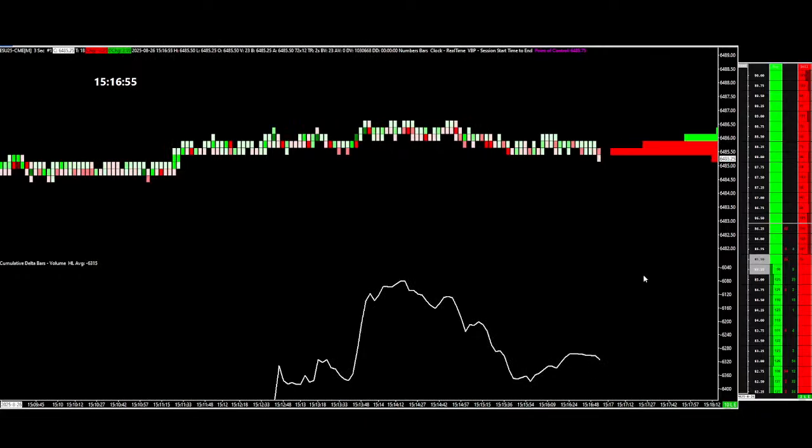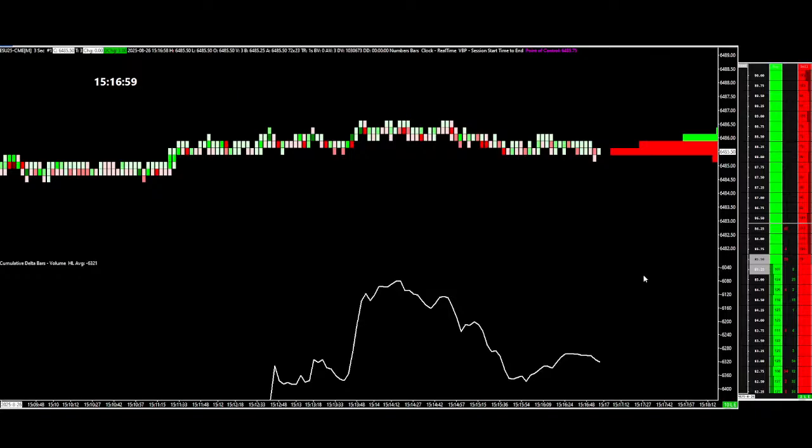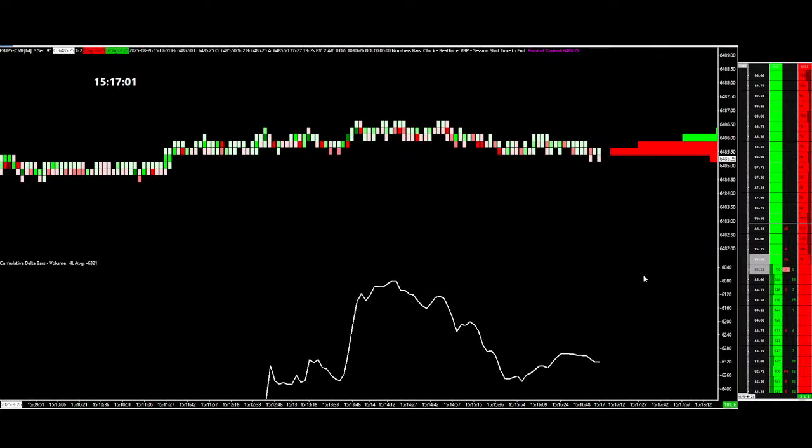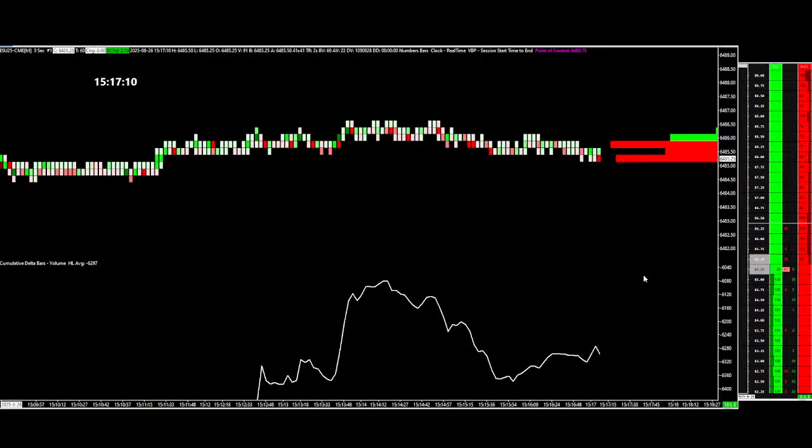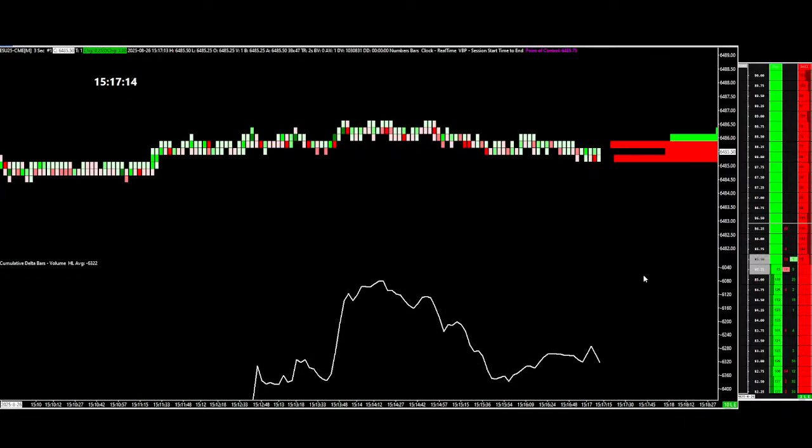I think it's taking, what is it, plotting the midpoint of those bars? Yeah, high low average. So whatever your candle is, it's gonna be the exact middle of that candle.